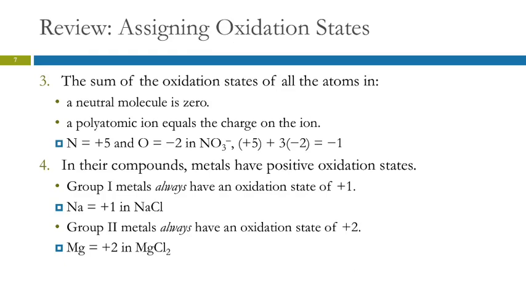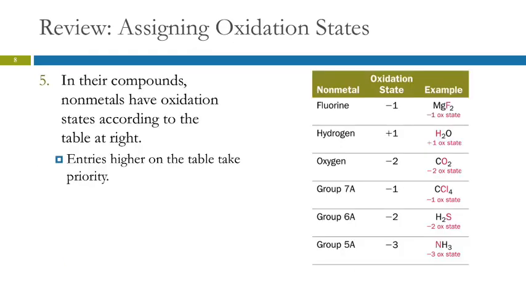In their compounds, metals have positive oxidation states. We see that group 1 metals always have an oxidation state of +1, group 2 always +2. So far, oxidation states are behaving almost identically to ion charges, right?